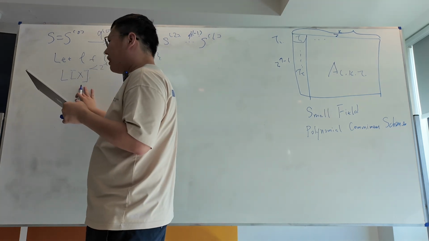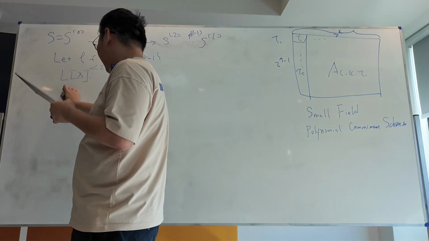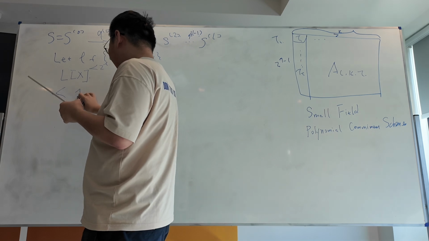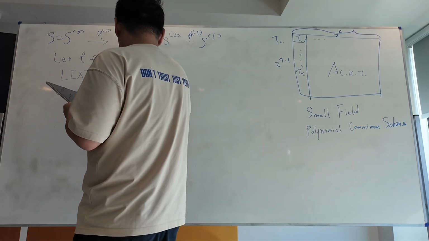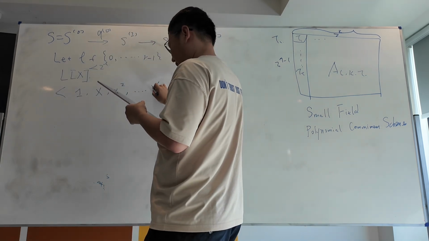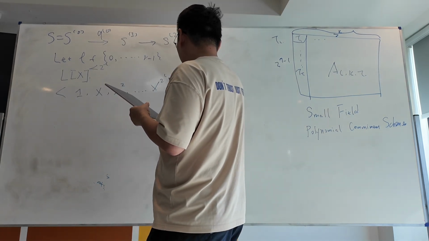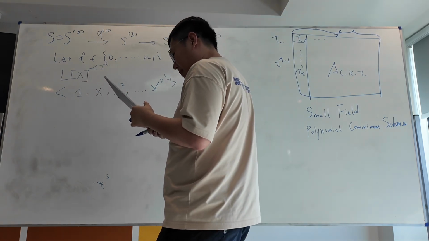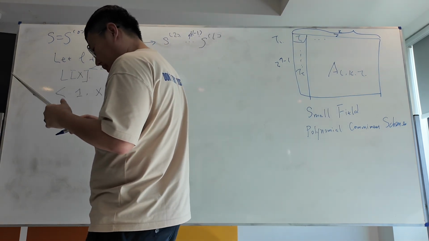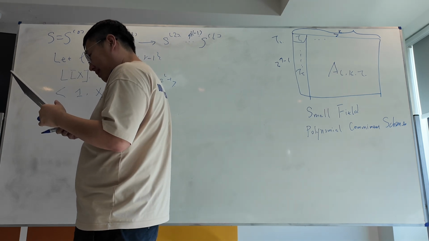The basis of this is naturally 1, X, X squared and so on, and here they introduce a new basis so that you can do FFT.